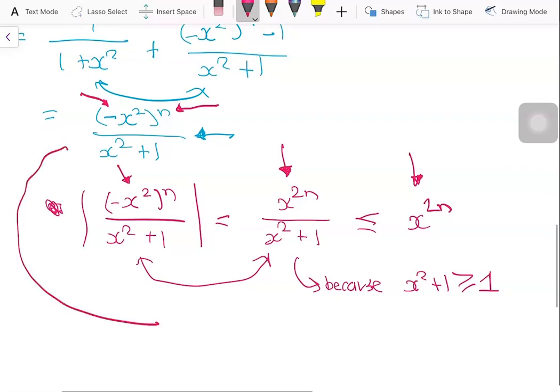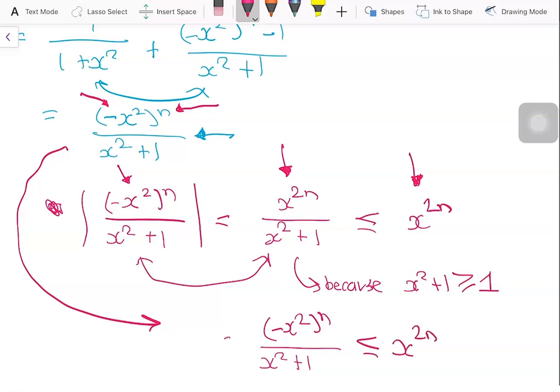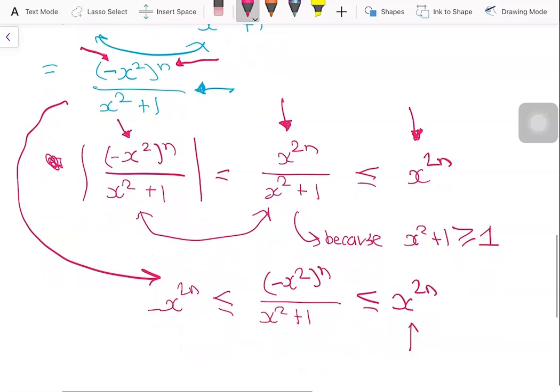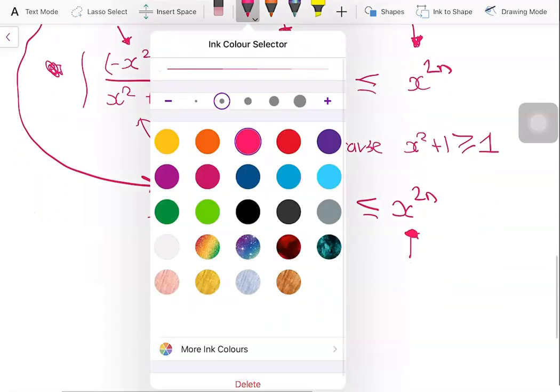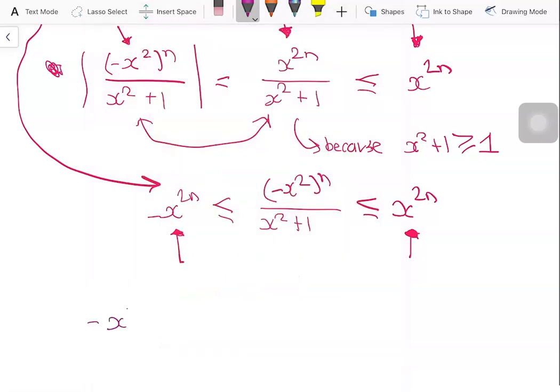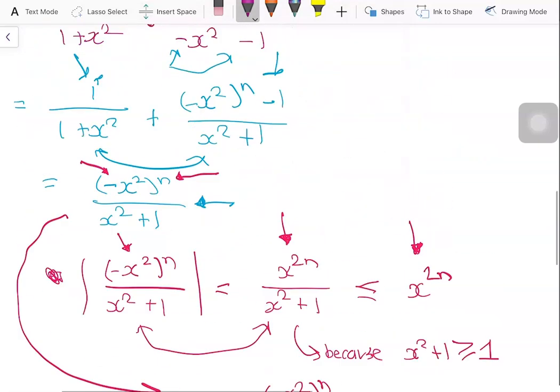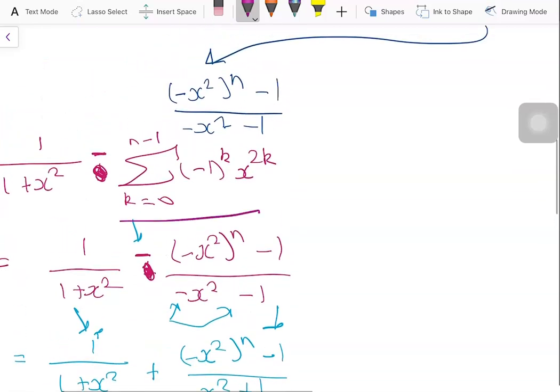And this means this number over here, since the absolute value is at most x to the 2n, it must be at most x to the 2n, but it must be at least the minus of x to the 2n. So since x to the 2n is a non-negative number, it must be at most the number, but it must be at least the negative of the number. And from here, it follows negative x to the 2n is going to be at most this expression here.